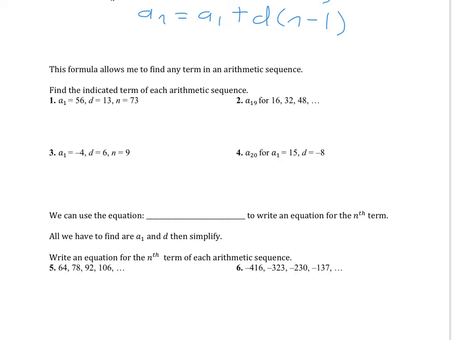Okay, find the indicated term of each sequence. So for number 1, looks like we want to find A73. So A1, we plug in 56 plus plugging in 13 for D times n, which is 73.